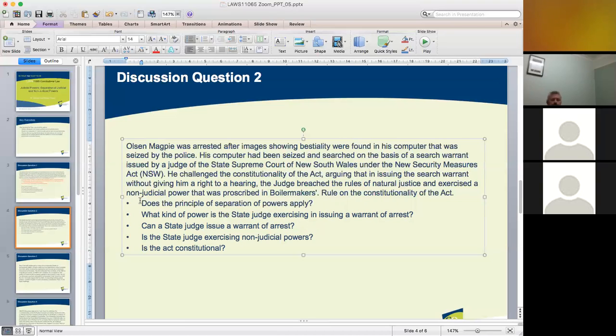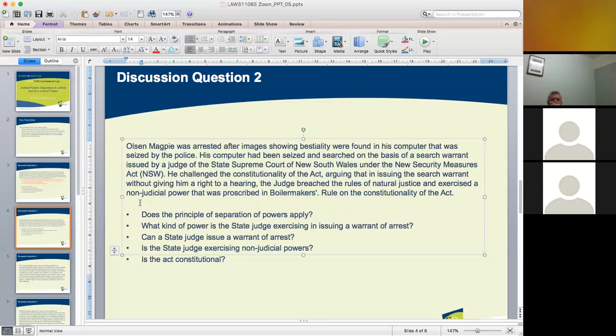Better, because you're bringing in a legal principle about the separation of powers, but it's just too broad. I don't know how to answer that. Marianne again. A second attempt. Could we say what are the key characteristics of a state judge? No, that's not a legal issue.